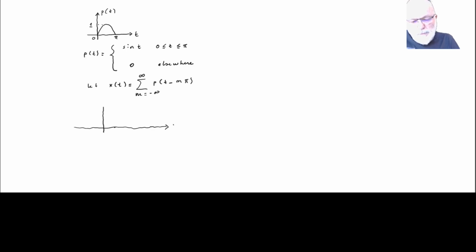If we plot x of t, we are going to have the lobe repeated with a period equal to pi. So the zero crossings are at integer multiples of pi.